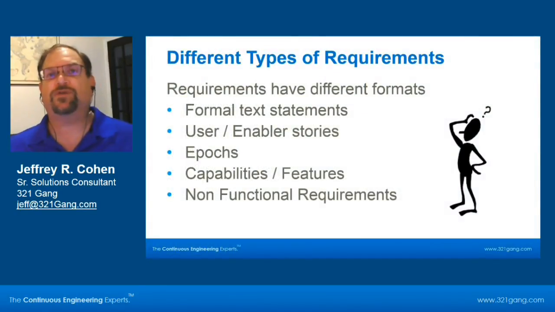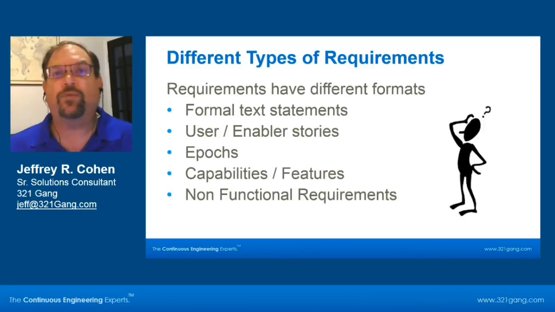In the previous videos, we talked about requirements, and we focused mostly on text-based requirements because text-based requirements are most common in both SysML and UML. But there are also a lot of other types of requirements. One of the more common is user stories or enabler stories.